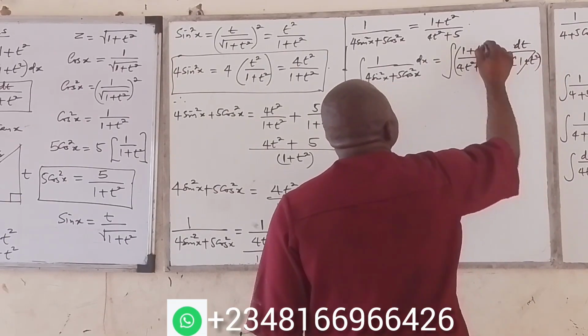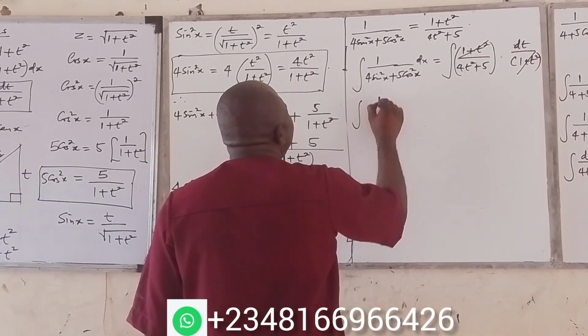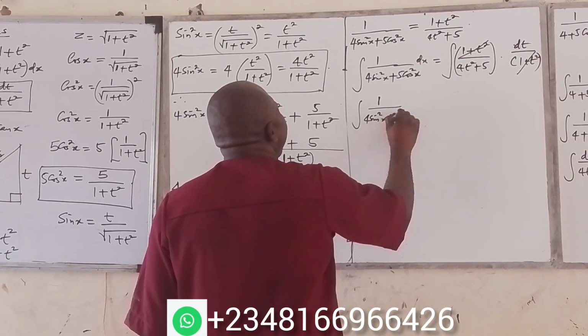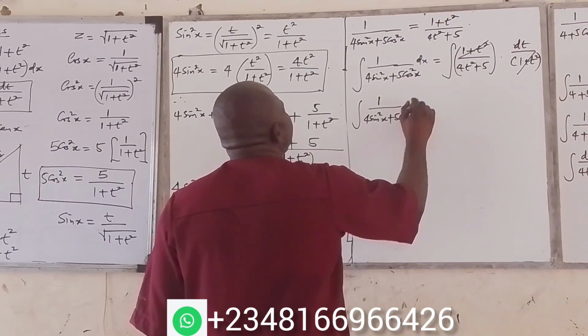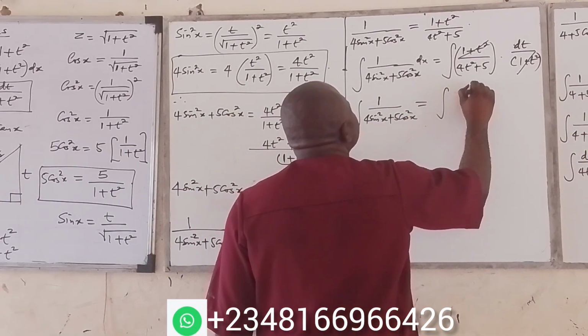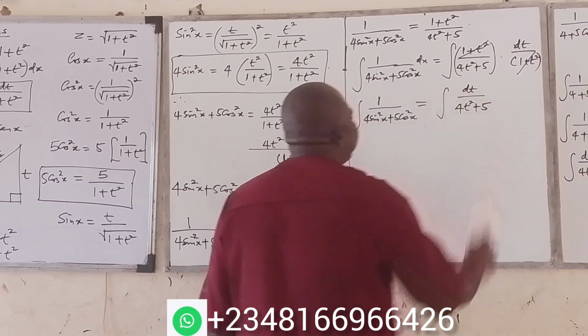Now this will go with this, so we'll be left with integral 1 all over 4 sine square x plus 5 cos square x equal to integral dt all over 4t squared plus 5.